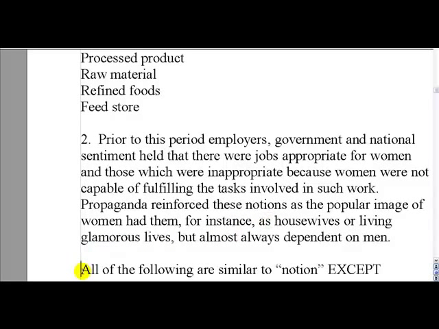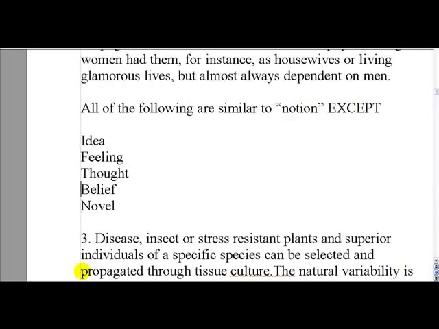So the question here is, all of the following are similar to notion except. Now, when you see this question except on the TOEFL, it means that three or four answers are actually true or good answers, and there's one answer which is not true or not included, and that's the answer that you want to pick. So you have idea is good, feeling is good, thought is good, belief is good, but novel is not good.